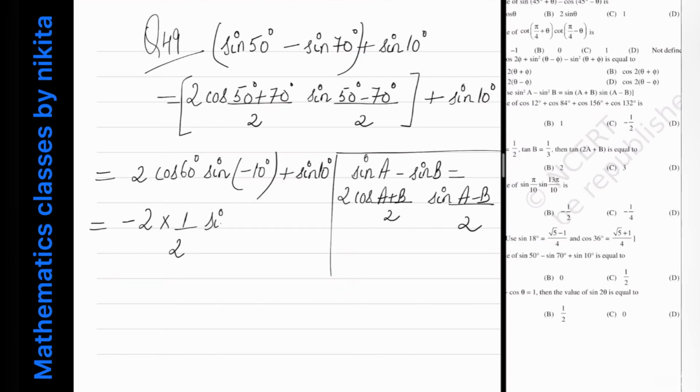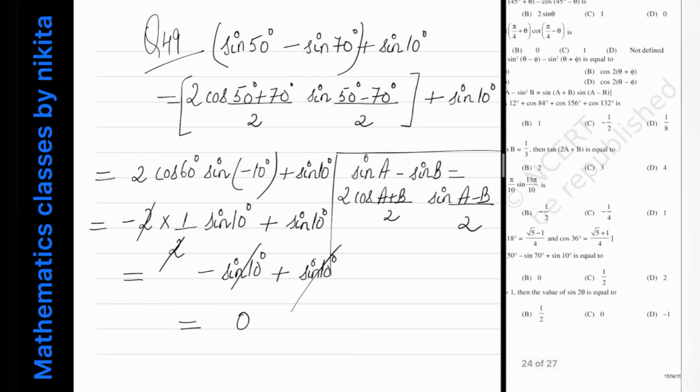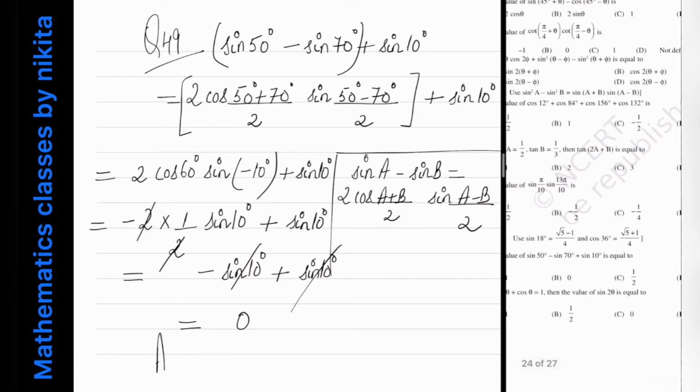So you'll get sine of 10 degrees plus sine of 10 degrees. This cancels with this. So you are left with minus sine of 10 degrees and plus sine of 10 degrees. So they both also cancel to give you 0. So therefore the correct option for this is B part. So the answer for this question is option B. Okay, 0. Now let's see the next question.